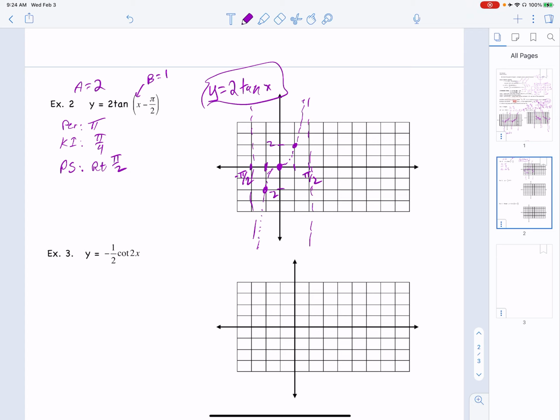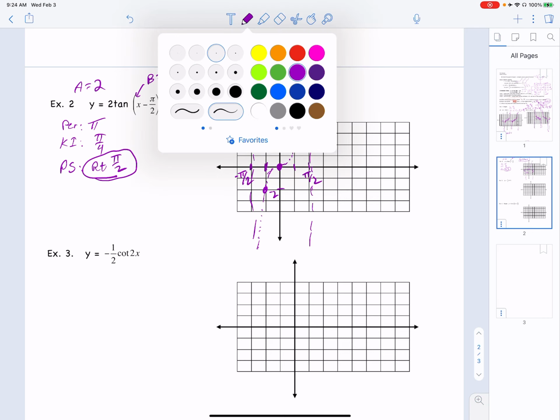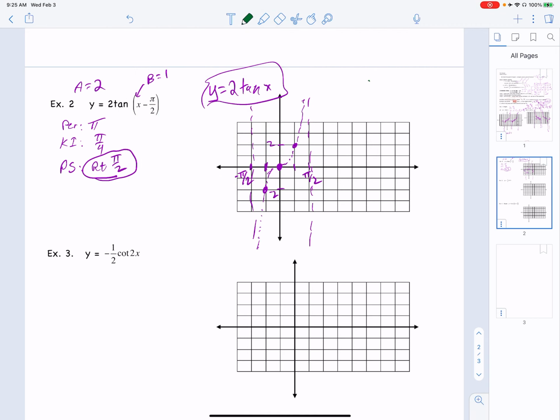But now I need to move it to the right pi halves. And so I'm going to go ahead and let's see. We'll do it in green. So if I'm getting to y is equal to 2 tangent of x minus pi halves, I'm going to take all these key points and move them pi halves right.